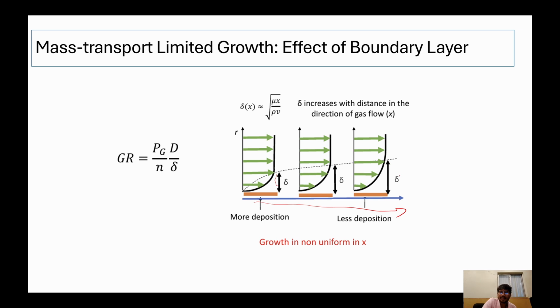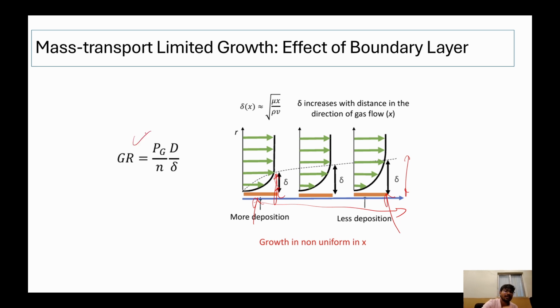At this position delta is more than at this delta, so at the other position you will get more growth than at this position. So there will be a non-uniformity in the growth of the material over the substrate that you do not want. So how can you reduce the non-uniformity of material growth over the substrate?